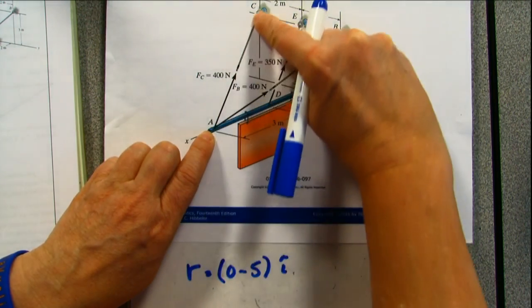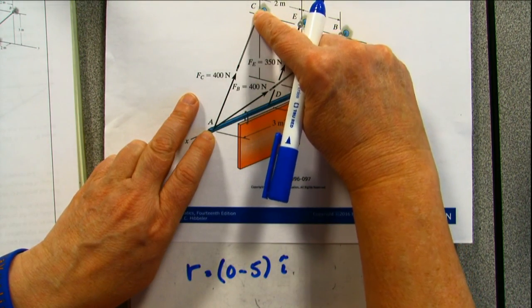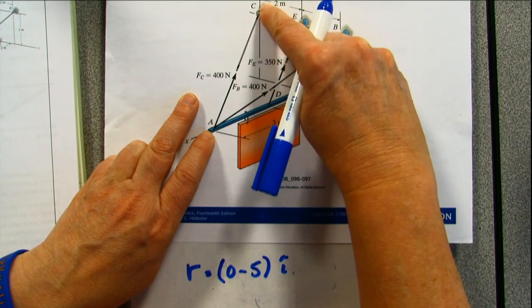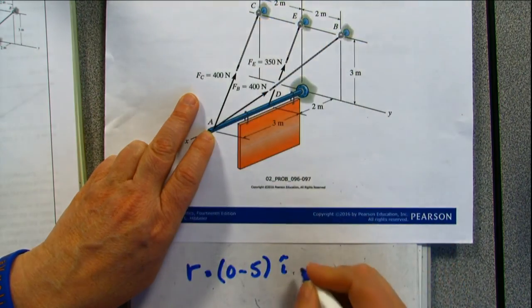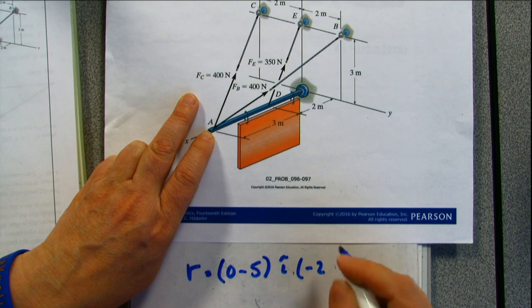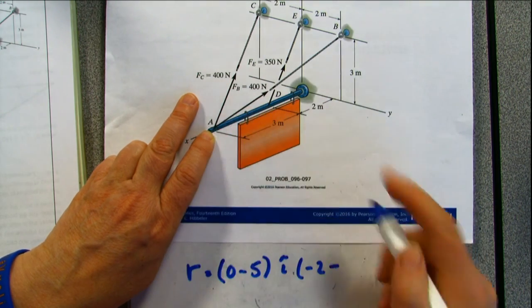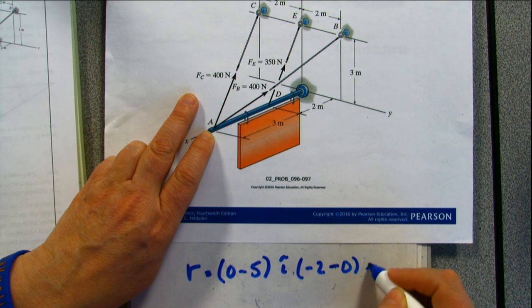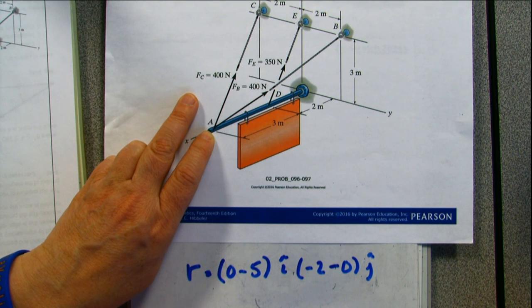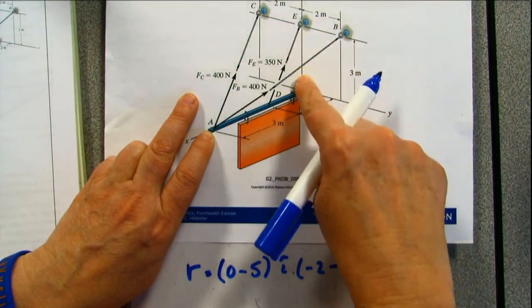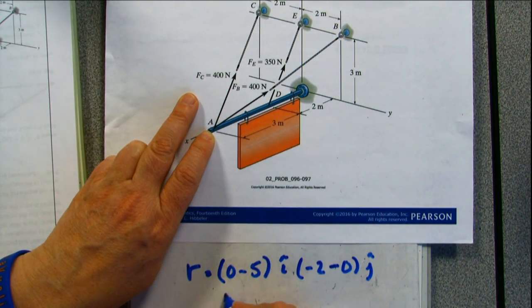Since we're doing C, my final position is at -2, and my initial position is at 0. And then my Z, my final position is at +3, my initial position was at 0.